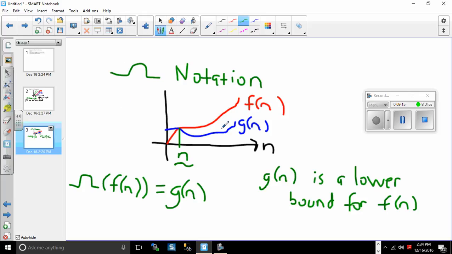So now going back to slide 3, the converse essentially applies. We see that f of n, the function f, lies above g of n, but g of n is the biggest lower bound for f of n.